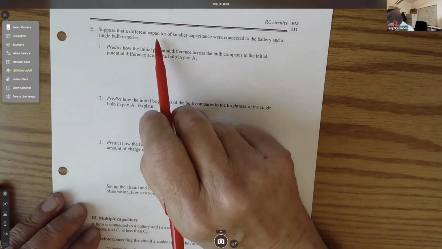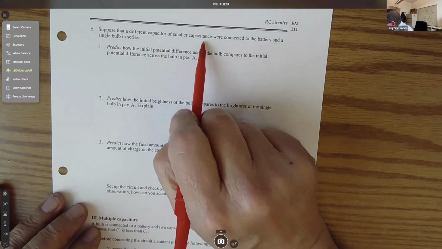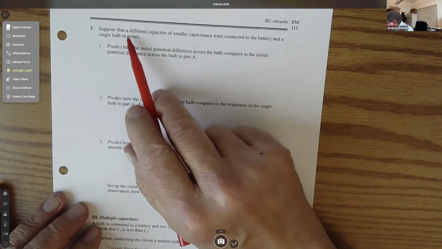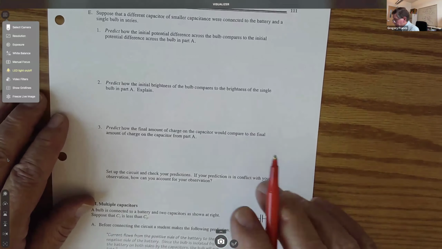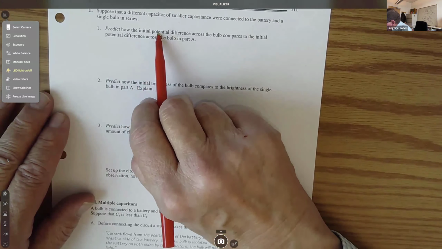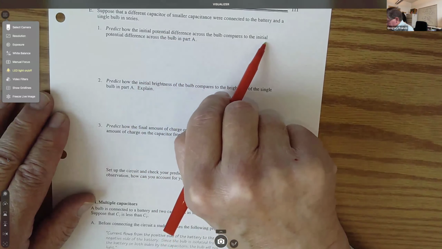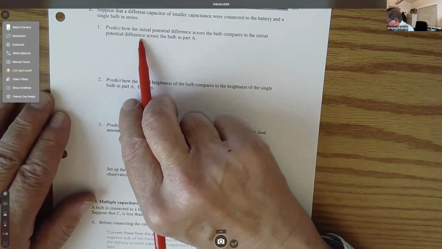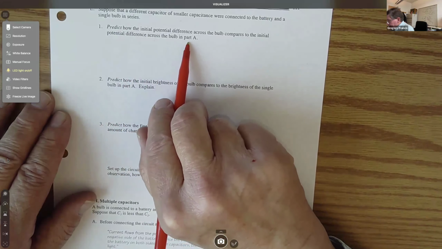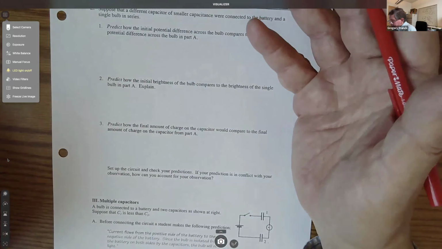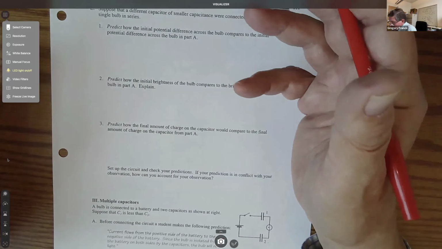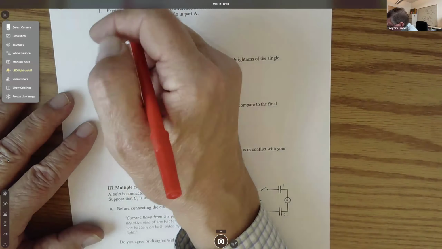Now, suppose that a different capacitor of smaller capacitance were connected to the battery and a single bulb in series. Predict how the initial voltage difference across the bulb compares to the initial voltage difference across the bulb in part A. Well, an empty capacitor acts like a wire regardless of its capacitance.